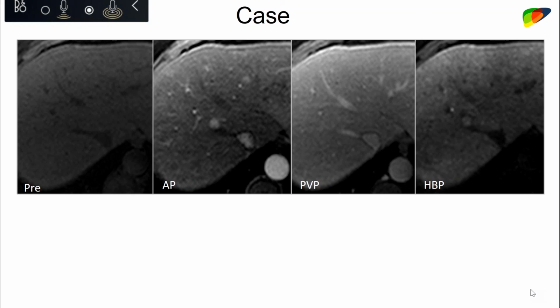Now, this case I showed you was different because there are other features that suggest that this is a high risk finding, with the diffusion restriction and the non-enhancing capsule appearance in the hepatobiliary phase. Those both suggest that this is more likely to be an HCC, but with the hyperintensity alone, I don't think that I would use that solitary imaging feature to make me either dial up or dial down my level of suspicion.